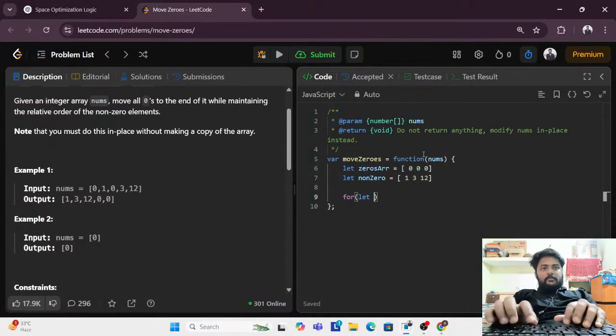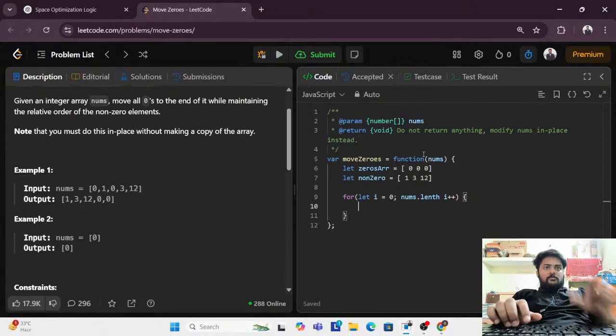I would have iterated from 0 to nums dot length, and i plus plus.